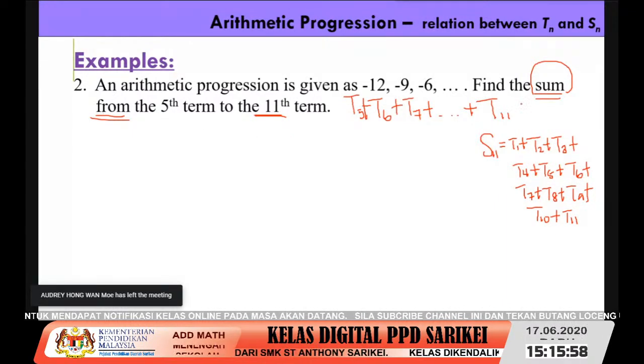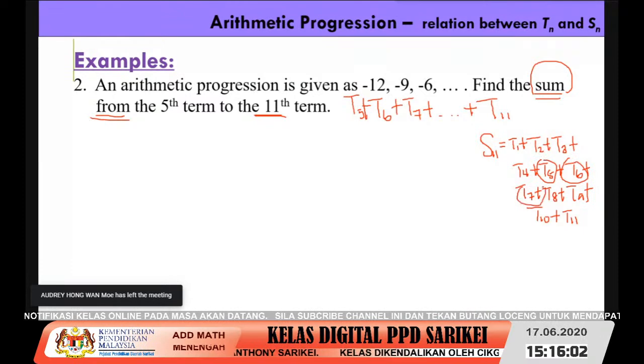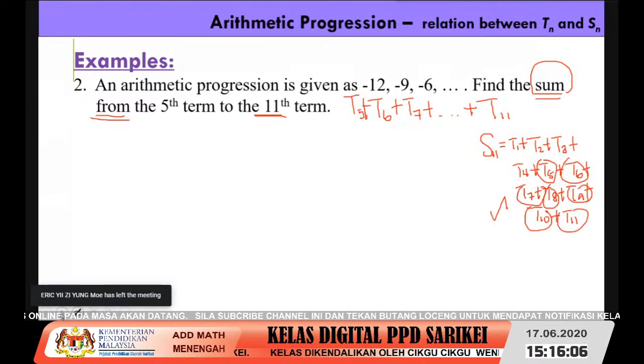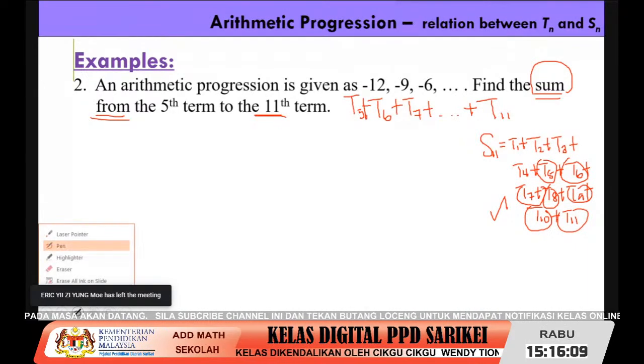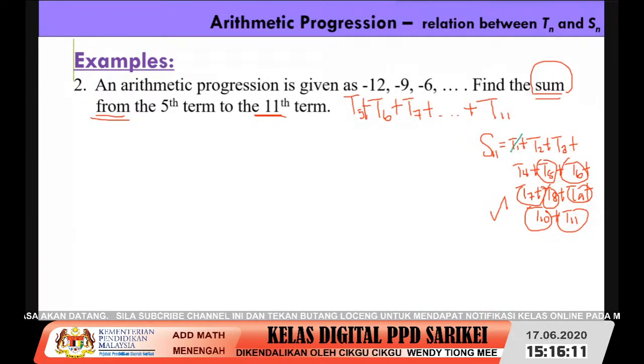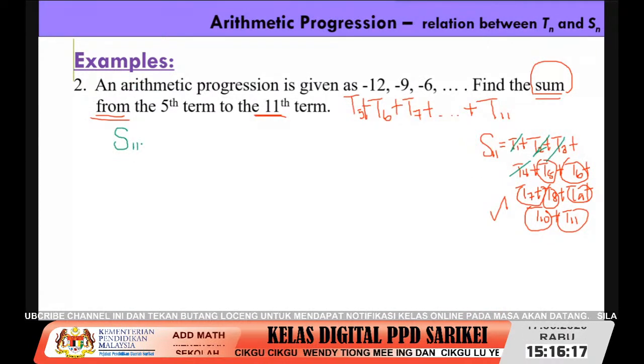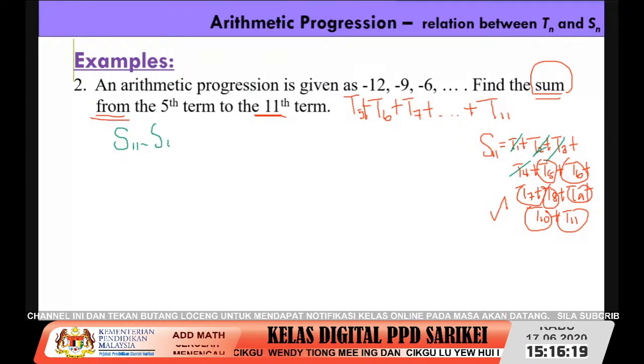So the sum from the 5th, so means 5, 6, 7, 8, 9, 10, 11. Ini diperlukan. Cikgu tak mau first, second, third, and the fourth. 1, 2, 3, 4 tak mau. So formula dia is S11 minus S4.